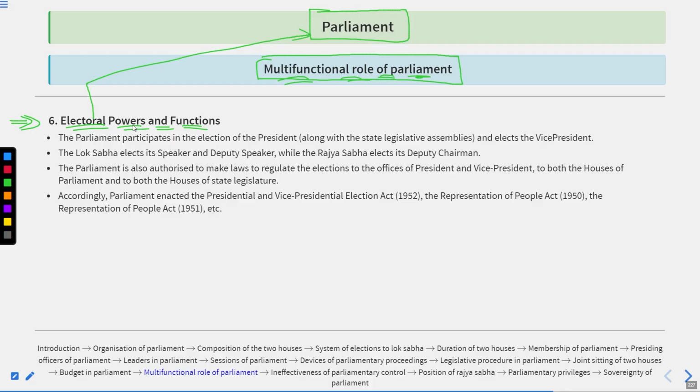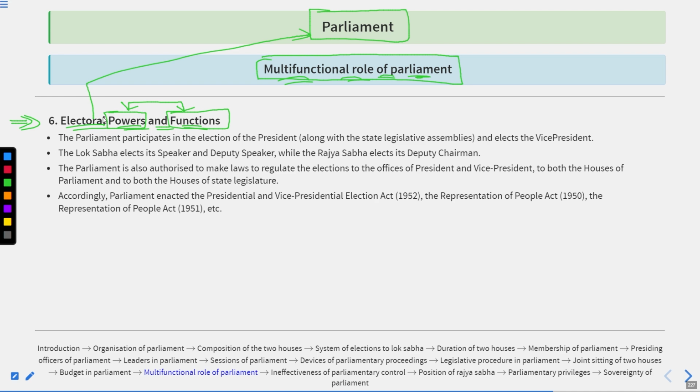Remember, there are 2 words used here: powers and functions. It means what powers are granted by the Constitution to the Parliament and how the Parliament functions by using these powers. So remember, these 2 words are basically interconnected.